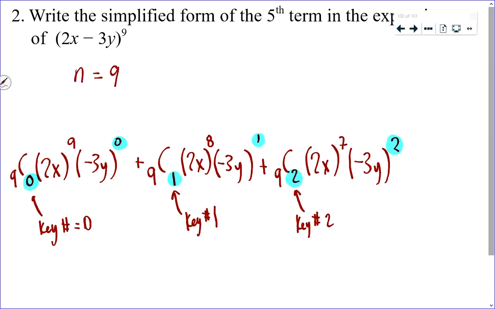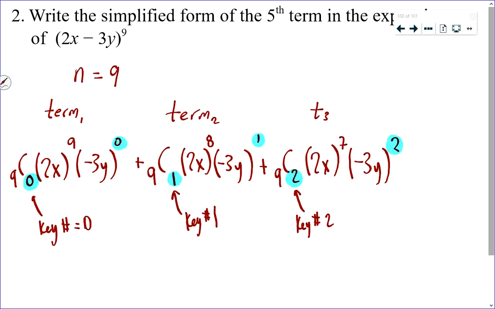But this is the first term. This is term 1. This is term 2. This is term 3. And what I'm getting at is the key number, which is the number that matches the exponent on y, and the number you're choosing from n. That key number is always 1 less than the term number.